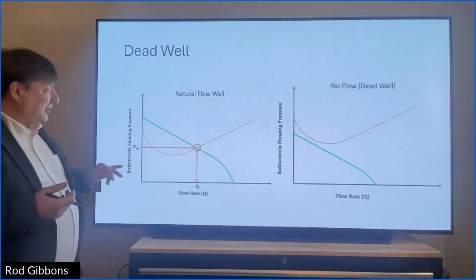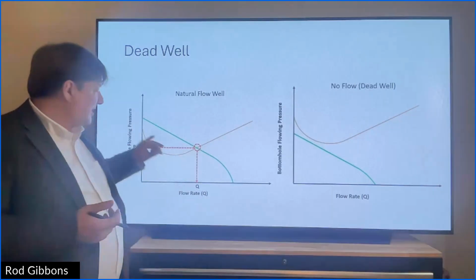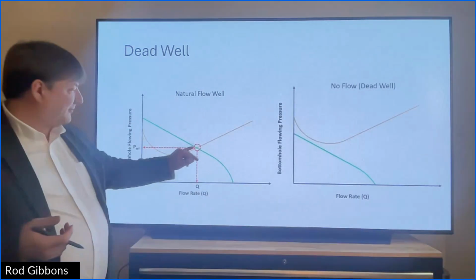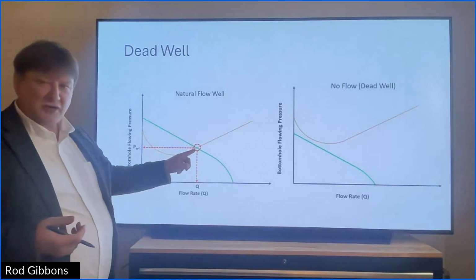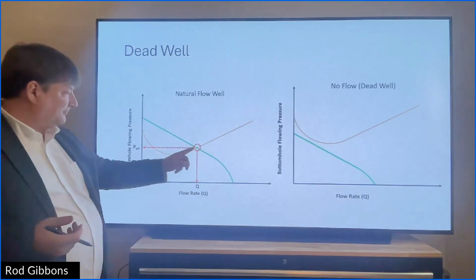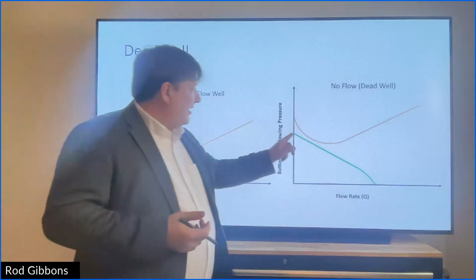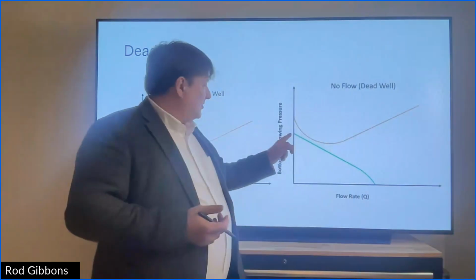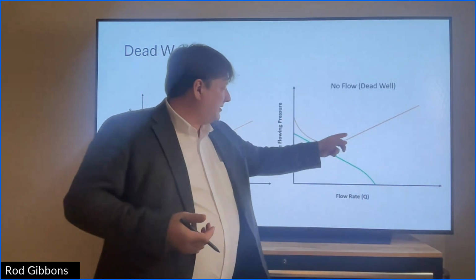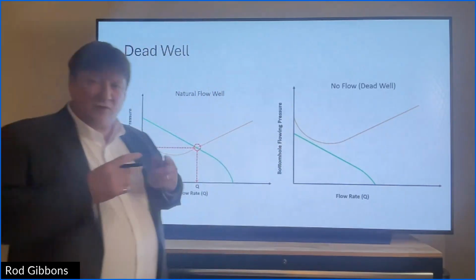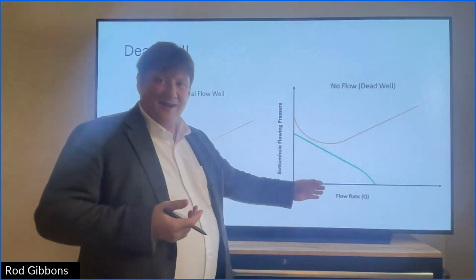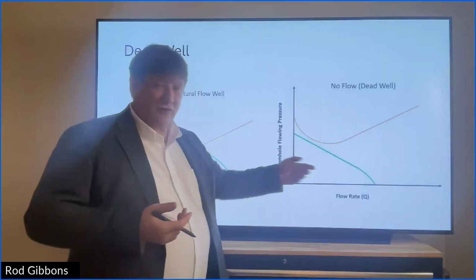Well, as long as these two curves intersect, my inflow performance curve and my vertical lift curve, as long as there's an intersection point here, I'm going to have a flow rate for a certain pressure. If there's no crossing point, then there's no solution where I can get a flow rate no matter how much I drop the pressure.